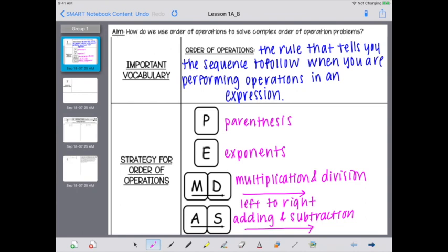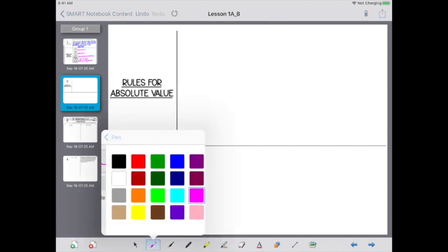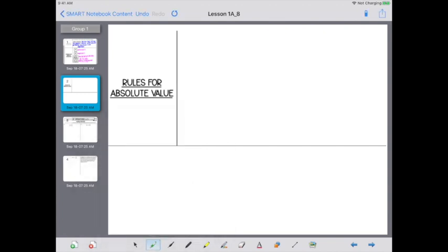To go over the rules for absolute value, you want to make sure that you have the symbol for absolute value, 2 straight lines around a value.